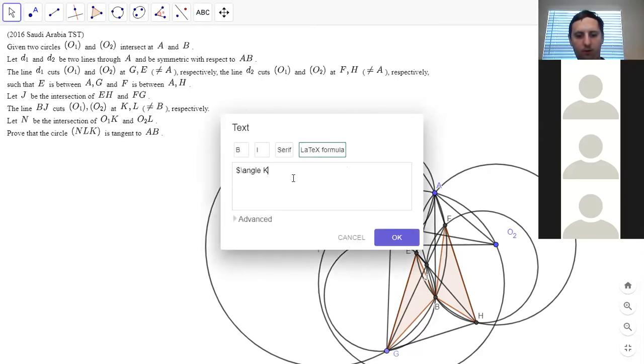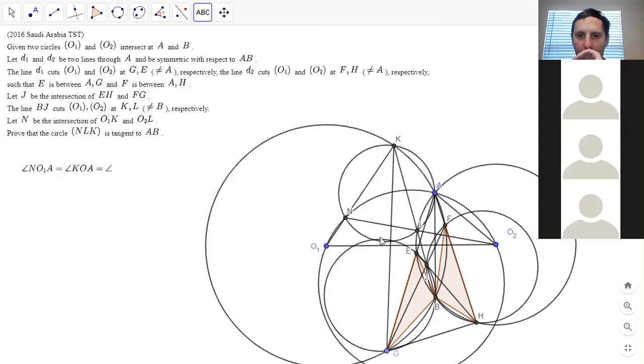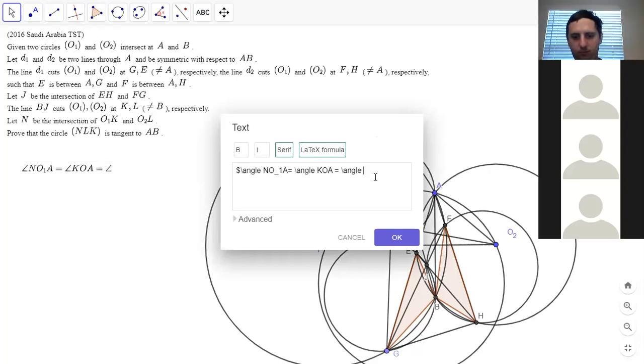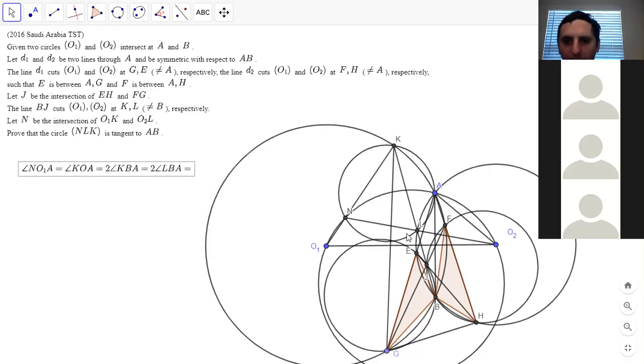So that's equal to angle KOA, which is equal to twice angle KBA, which is equal to angle LO2A.